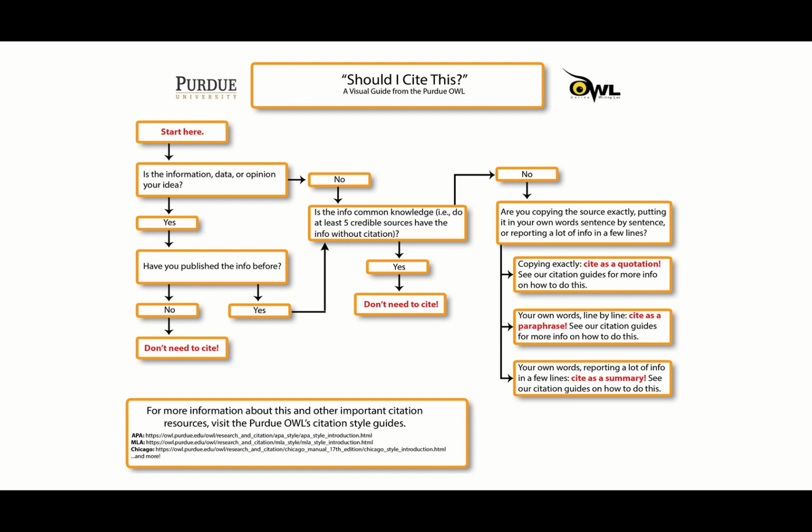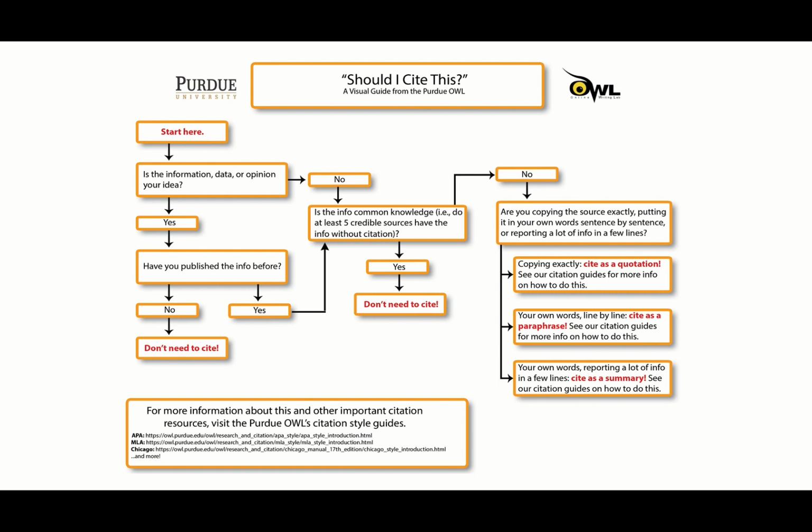And when you look at this, really what you're going to notice is that the only time you wouldn't really need to cite is if it's your own information, data, or opinion. That's your idea that you came up with from scratch, not utilizing any other sources. As long as it's not published, which most of you probably haven't published anything yet, you're not going to need to cite it.